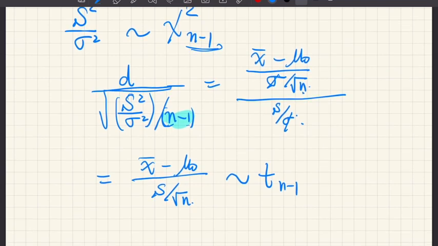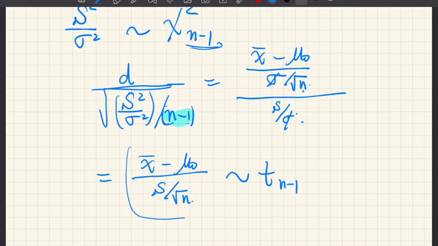So in this expression, we don't have the unknown sigma anymore. x bar can be calculated purely from the data, and the small s can be calculated purely from the data, and n is of course the number of data. This mu naught is our given parameter for the hypothesis, so it should be given.